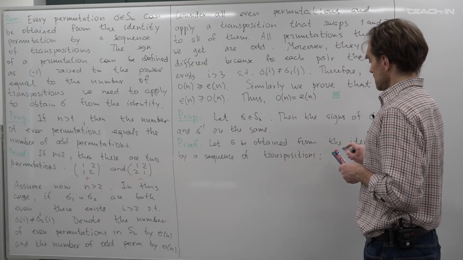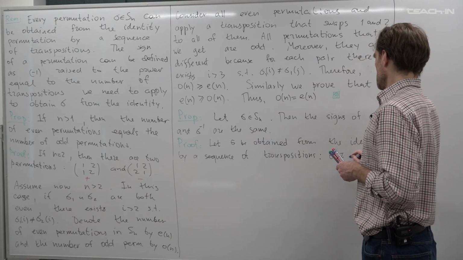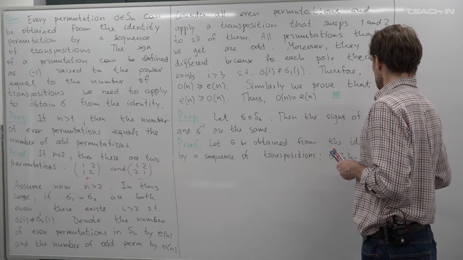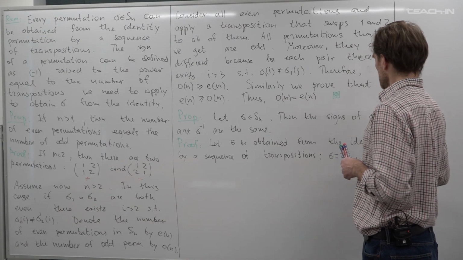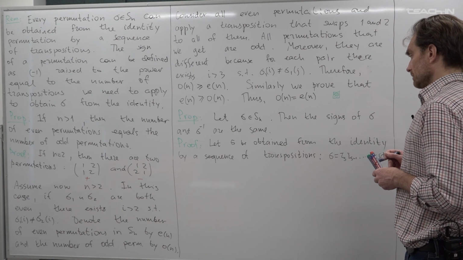So what does this mean? This means that sigma is tau s, tau s minus 1, etc., tau 1 multiplied by the identity. We can avoid writing the identity here just because it changes nothing.